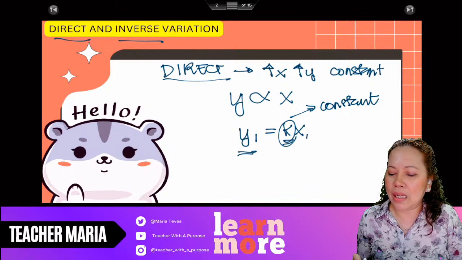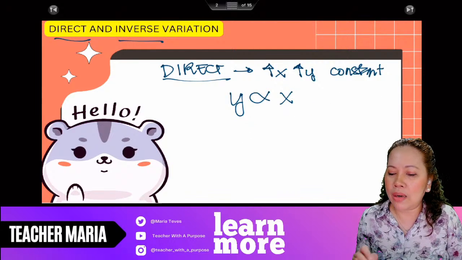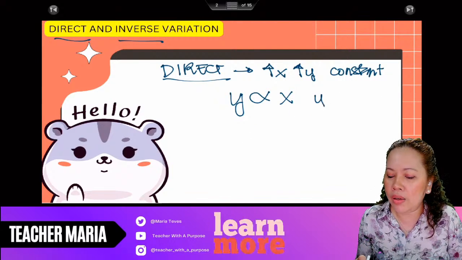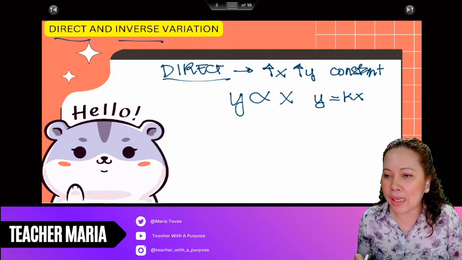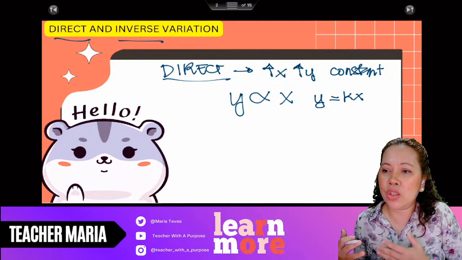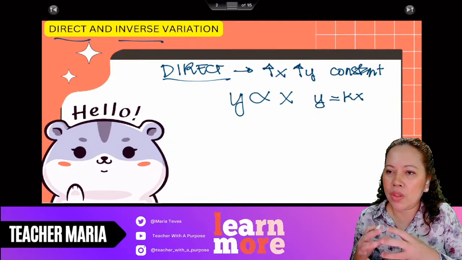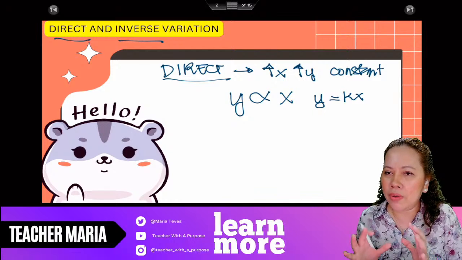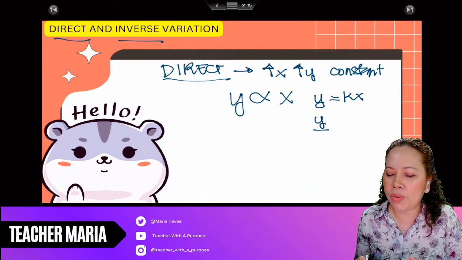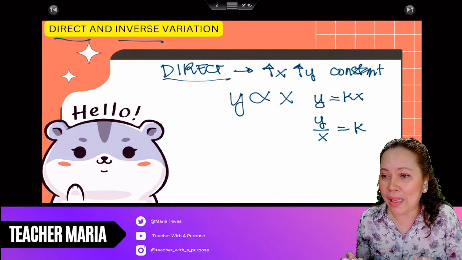So if it is direct, that will be y equals kx. If you wanted to know the value of k, you just need to rearrange it, right? Rearranging it, that will be y over x equals k.